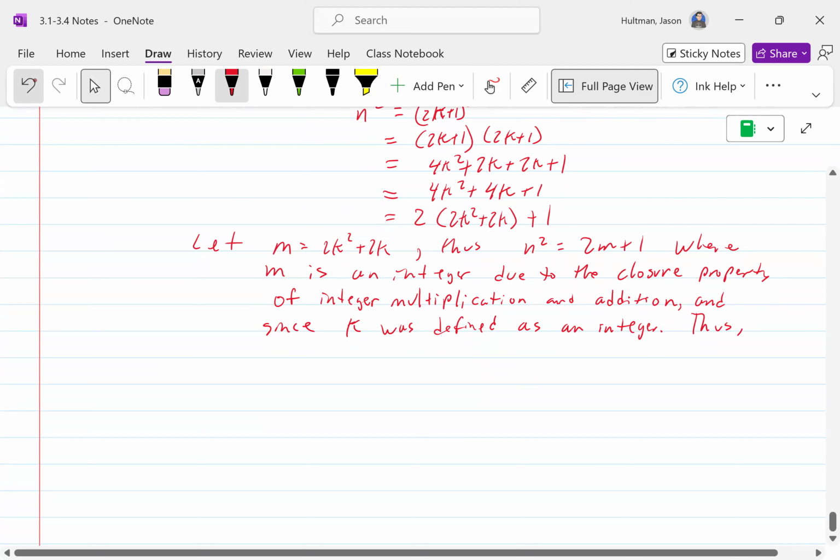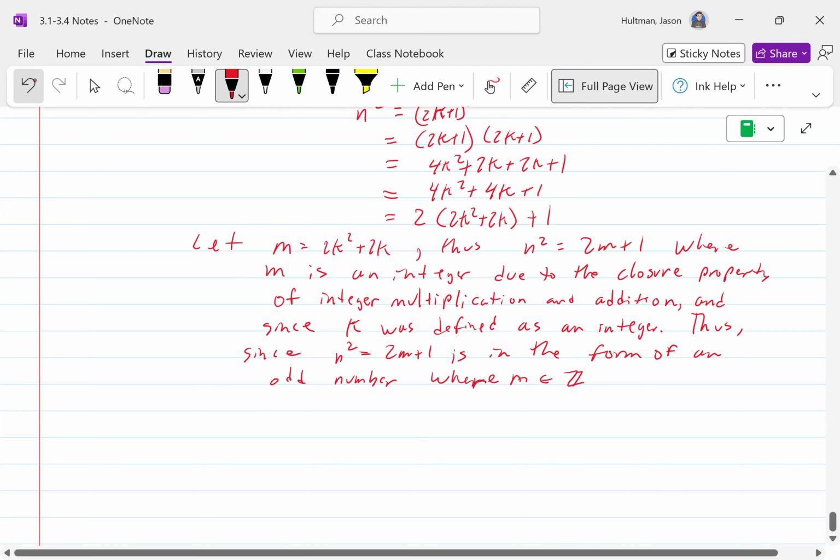Thus, since n squared equals 2m plus 1 is in the form of an odd number where m is an element of the integers, n squared is also an odd number.